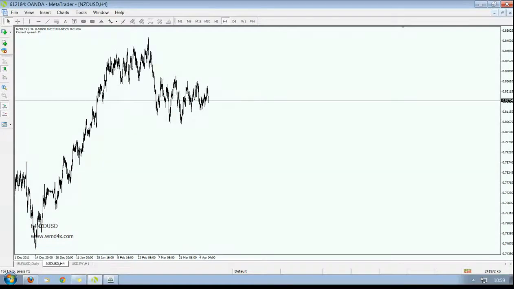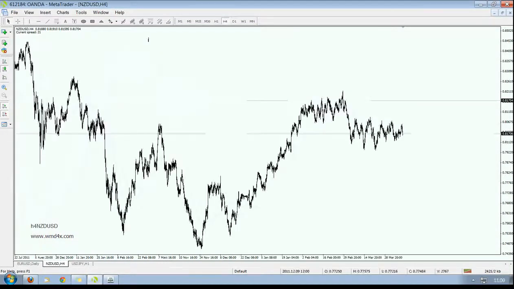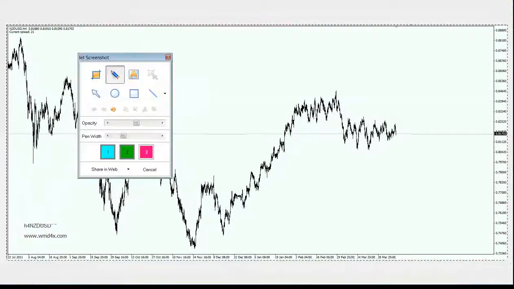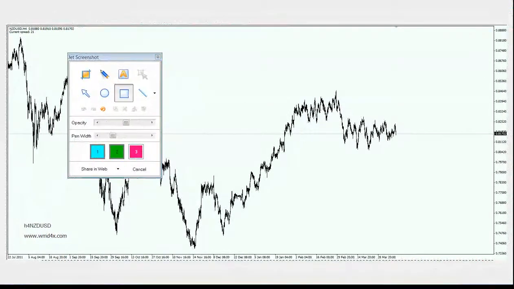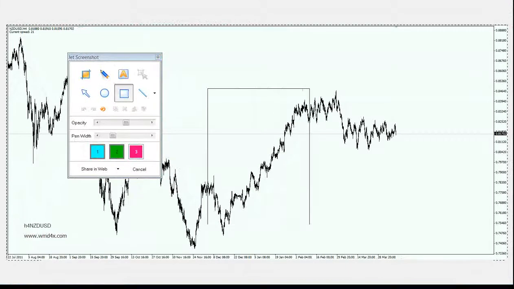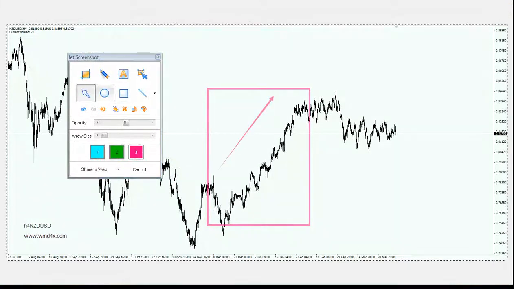The reason the Kiwi chart caught my attention is that the price structure on Kiwi in this bull run has a lot of similarities to the Euro USD structure. So what I've been wondering is, if it happened on Euro USD like that, then is it likely to happen on the Kiwi like this?